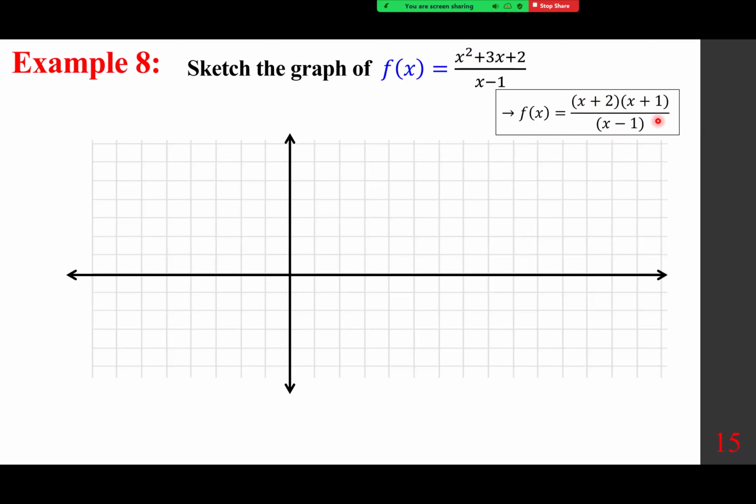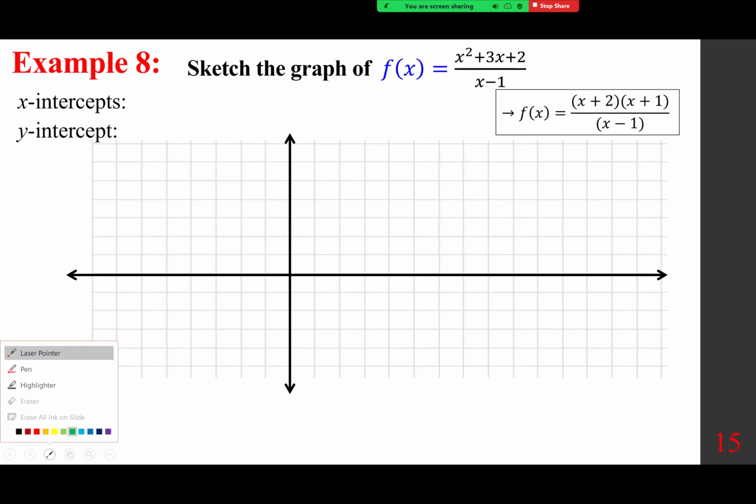Let's find the x and y intercepts. To find the x-intercept, you set y, that means f of x, equal to 0. So y or f of x equal to 0 means the top is 0.